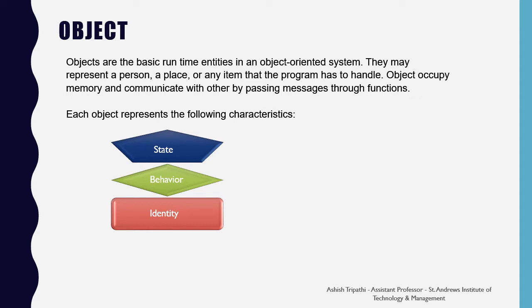Yes, water has its state of rest and moving. It has behavioral attributes, but it lacks unique identity. So, air and water are not objects. In our programming, these objects are required to represent a class and refer to its members.